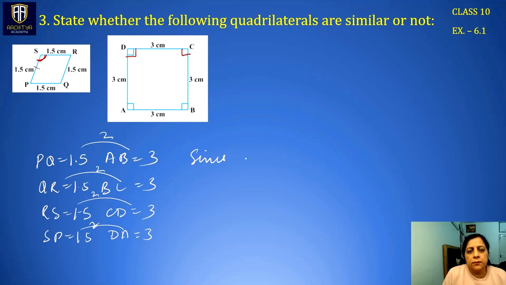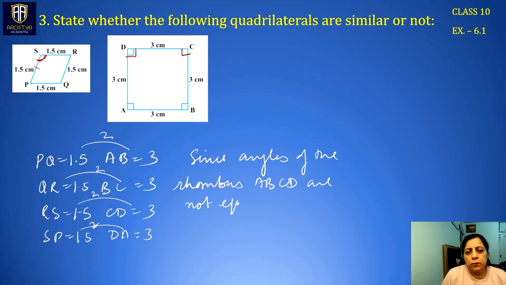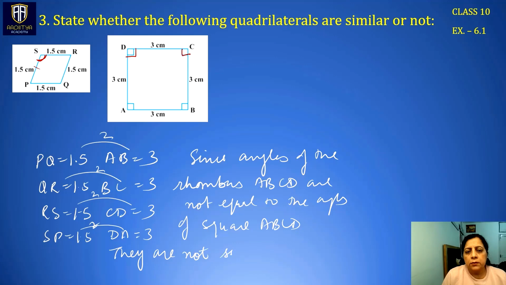So you can write here, since the angles of the rhombus ABCD are not equal to the angles of square ABCD, they are not similar, right?